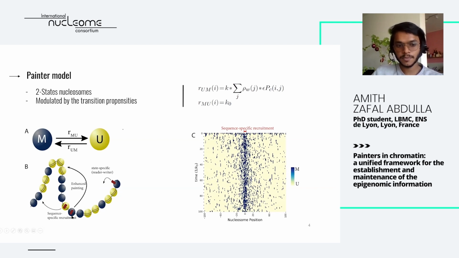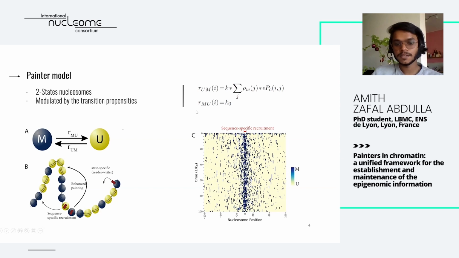The process of sequence-specific recruitment can be mathematically written down like this. Here we have the writing rate of the enzyme. Rho_W,j gives us the probability to find the writer or painter at position j. And P_C,ij gives us the probability to find nucleosome i co-localized with nucleosome j. That takes care of the chromatin looping or propagation in long range.